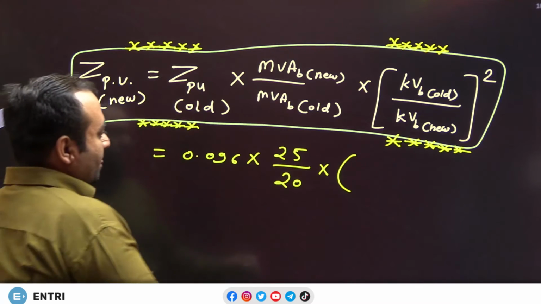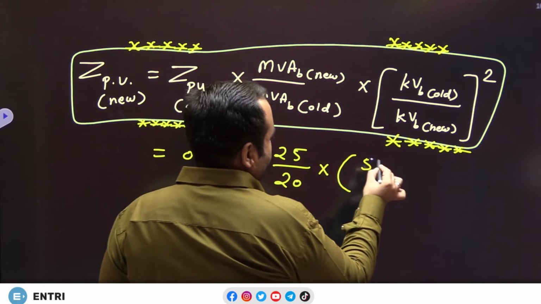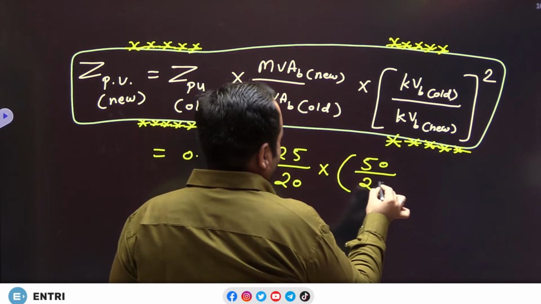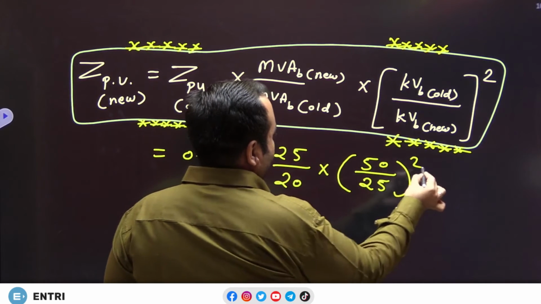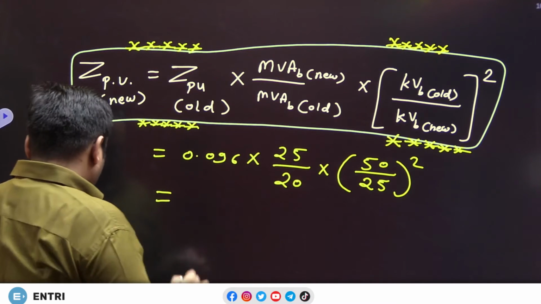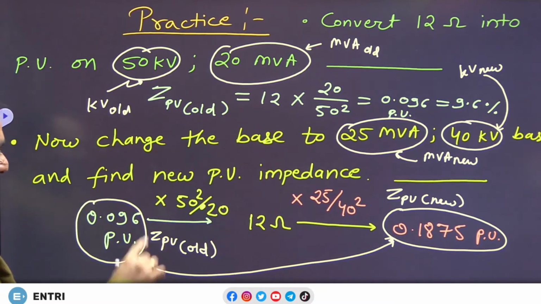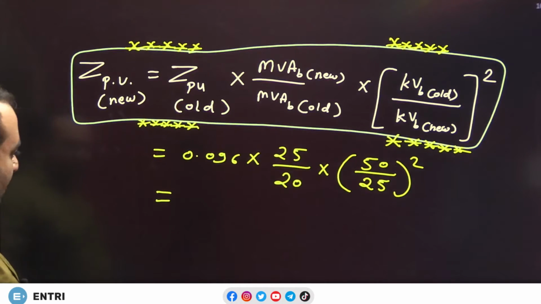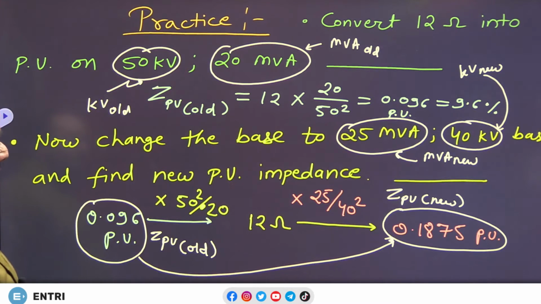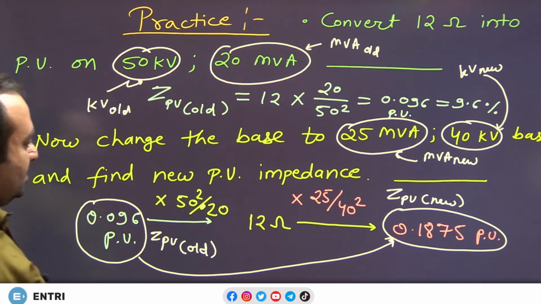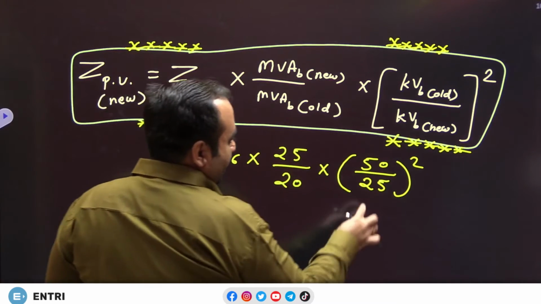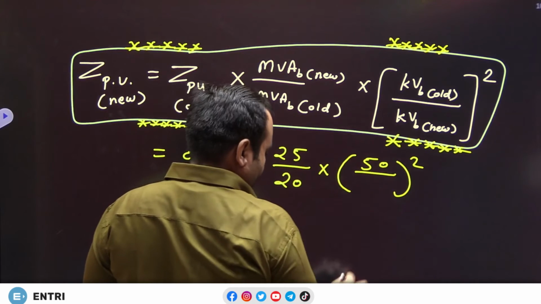So 50 upon 25 squared. So this is what you have called as 0.1875. Sorry, is this 40 kV new value? Yes. So it must be 40 here, right? Must be 40.